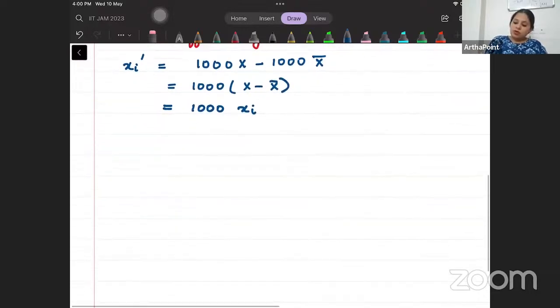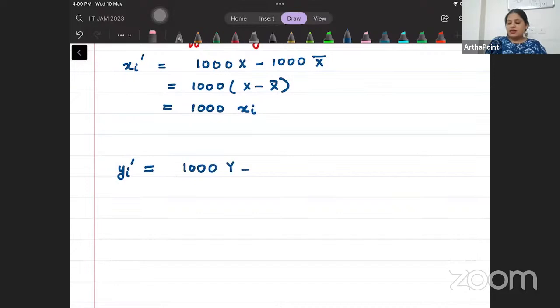Similarly, yi dash is 1000 y minus 1000 y bar.